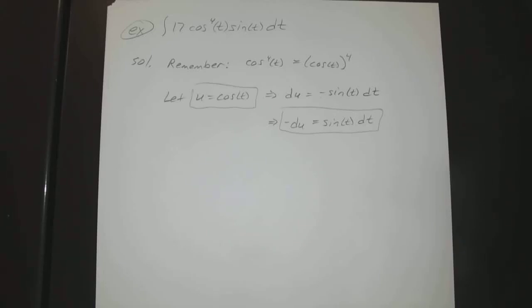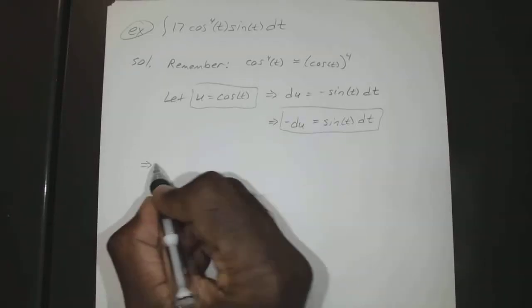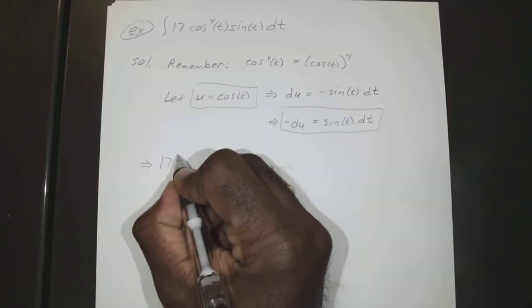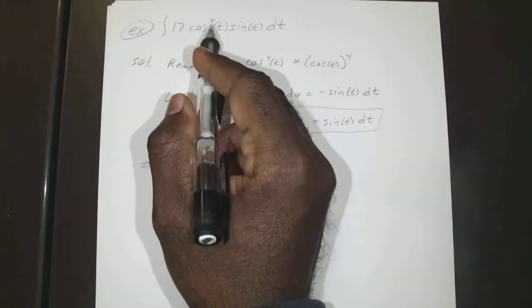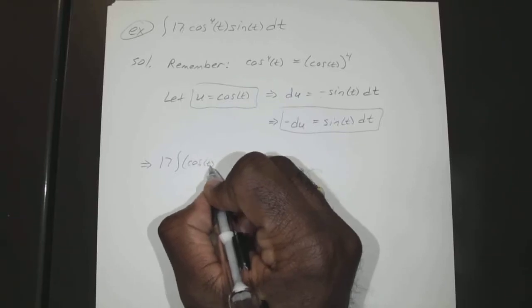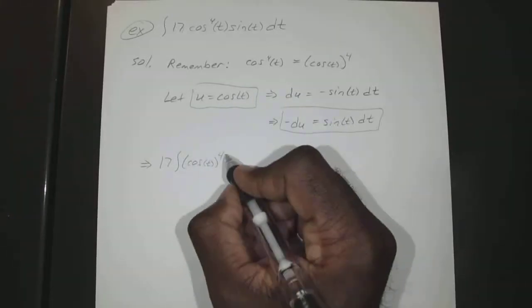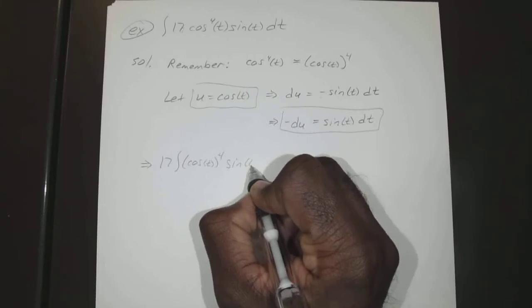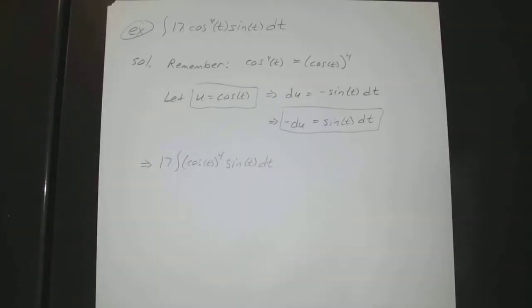So would that be basically u to the 4th power? Mm-hmm. Okay. So you have your 17 times the integral, and instead of cosine to the 4th, just cosine of t to the 4th times sine of t with respect to t.